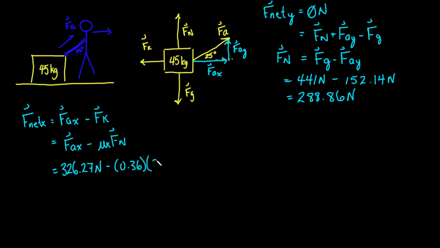So I take 0.36, and this time we're multiplying by 288.86 newtons. Okay, so we still have 326.27 newtons. Subtract. This becomes 103.99 newtons.